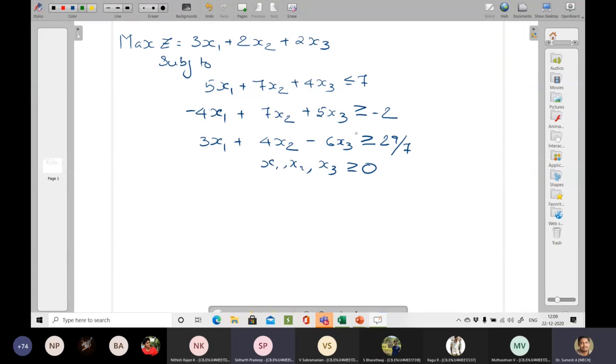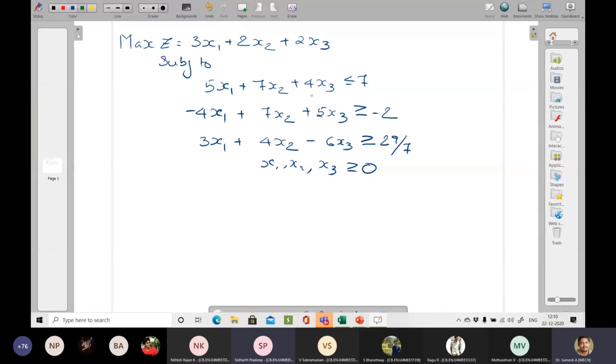The first constraint will be 5x1 plus 7x2 plus 4x3 plus s1 equal to 7. Then the second one will be greater than or equal to, so minus s2 plus a1 will be there. Then the third one minus s3 plus a2.